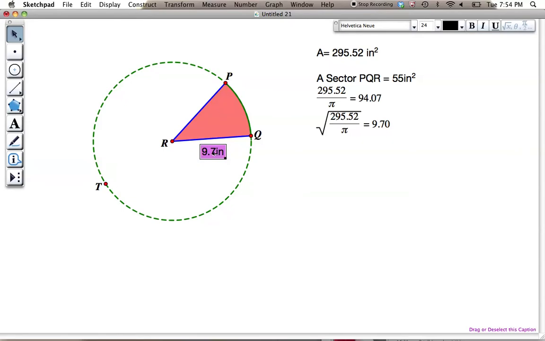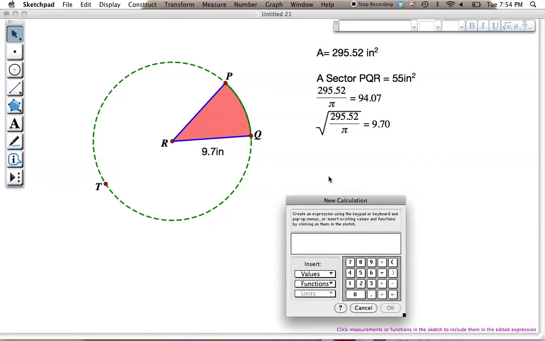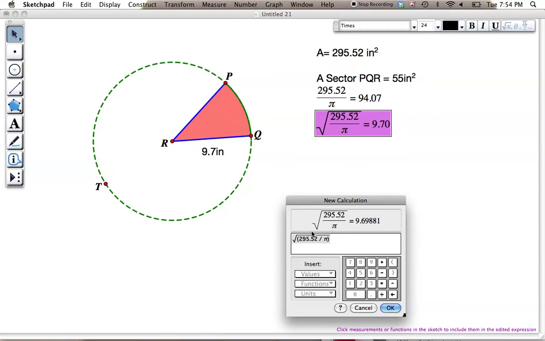Now, problem number 15 asks you to find the circumference of R. Well, we know that the circumference of a circle is just 2 pi r. So I'm going to take my r, multiply it by 2 and pi.